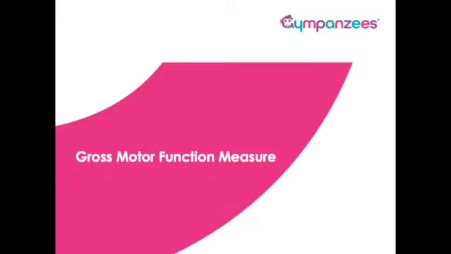Now, together with the gross motor function classification score is the gross motor function measure. And this, unlike the classification score where you can read a descriptor and work out for yourself which level your child is, the gross motor function measure is an assessment that's done by a physiotherapist.